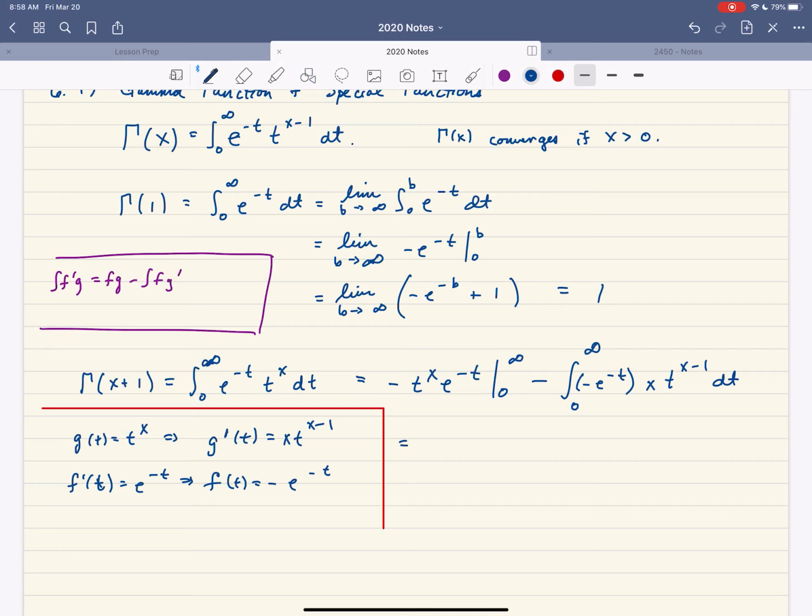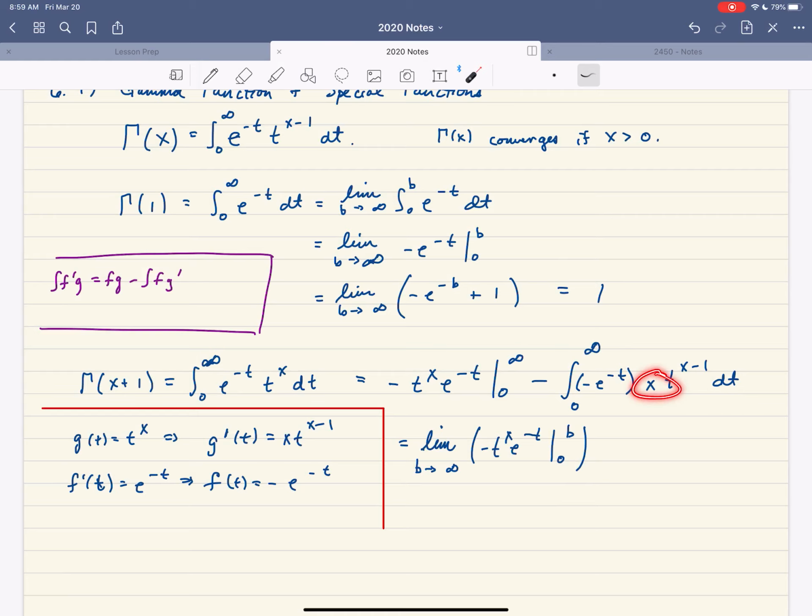And again, you could write this as the limit as b goes to infinity of negative t to the x e to the negative t evaluated from 0 to b. And then let's simplify this other part. Notice that our integral is with respect to t, so we have a dt.